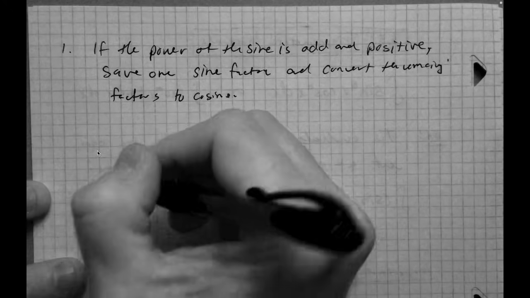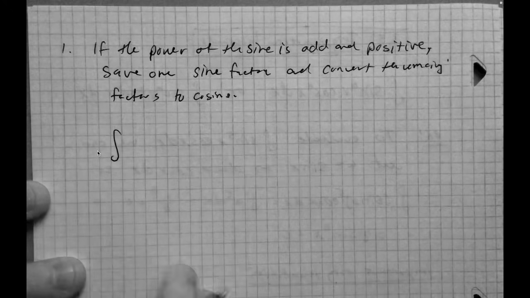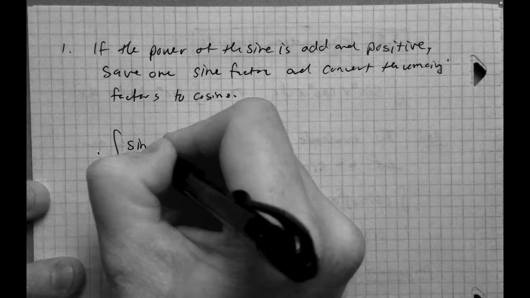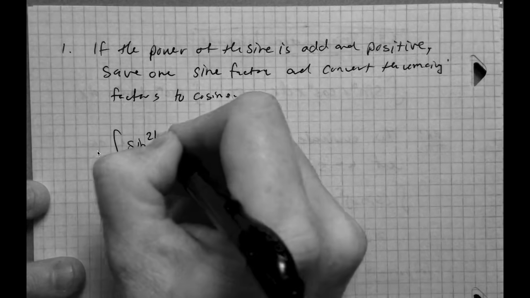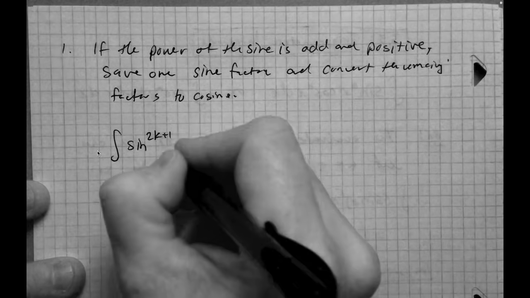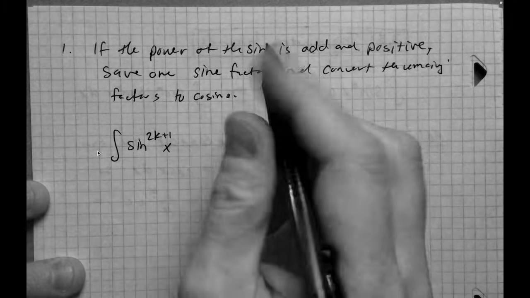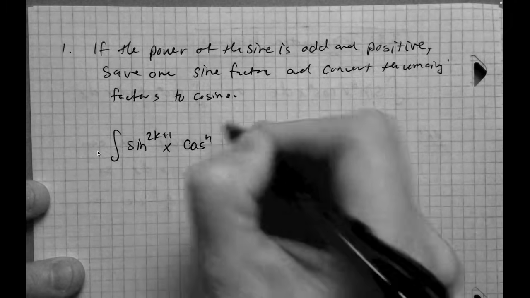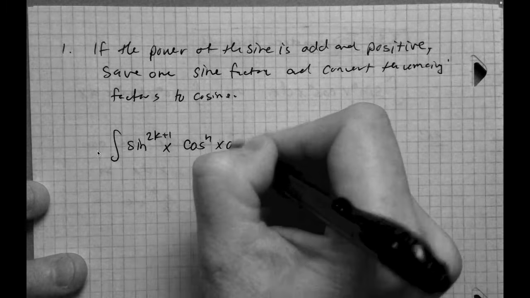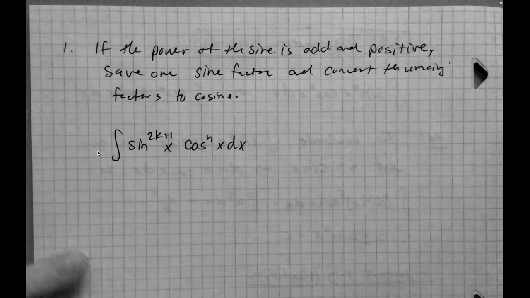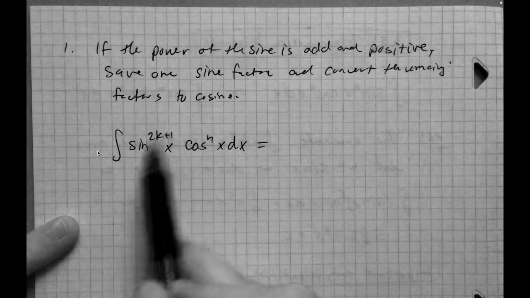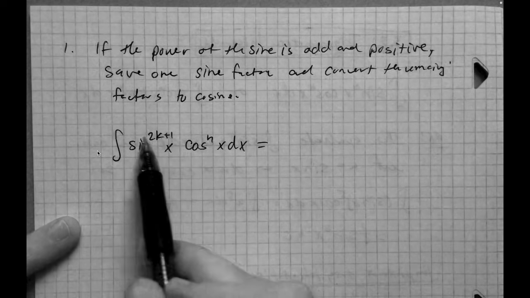So structurally, we're thinking of the integral of sine to the 2k plus 1 of x, times cosine to the nth power of x. There's an odd number here, 2k plus 1 is an odd exponent.